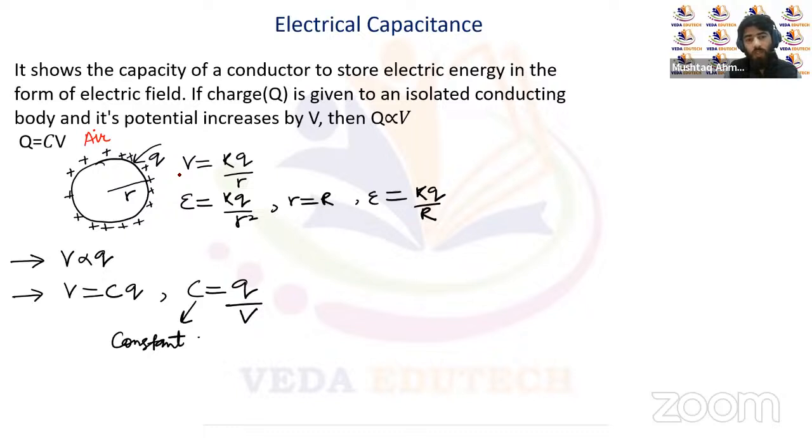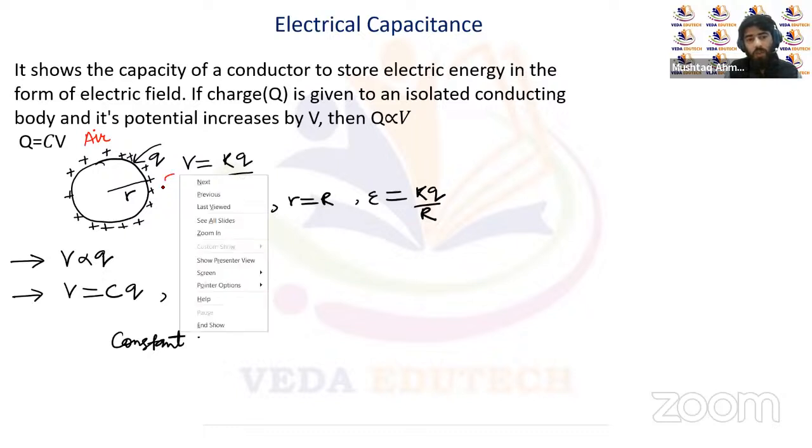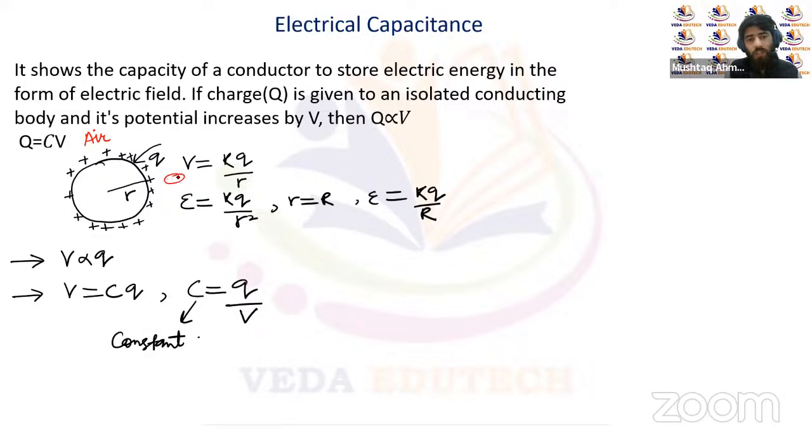Because of this force, the molecules of the air will get polarized, with the negative pole of the molecule towards the positive charge and the positive pole opposite to it. This is how the molecules of the air get polarized after some time because of this electric field strength.